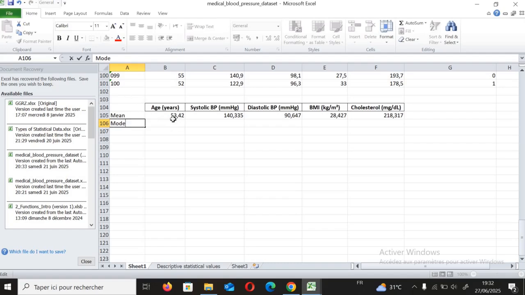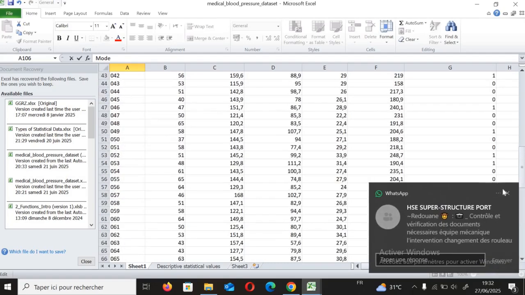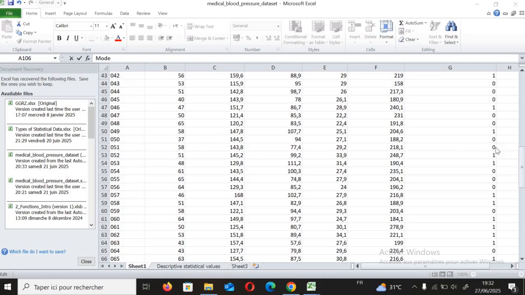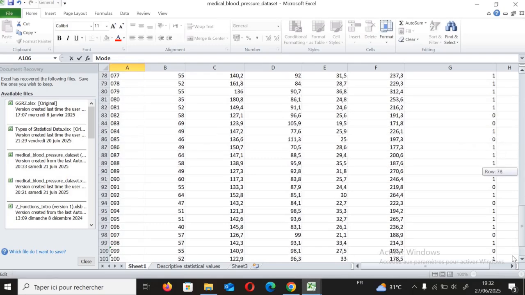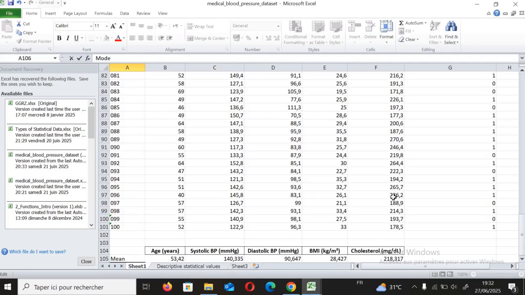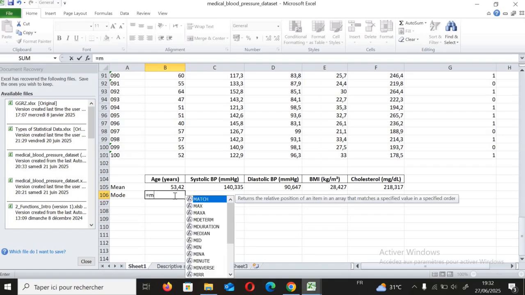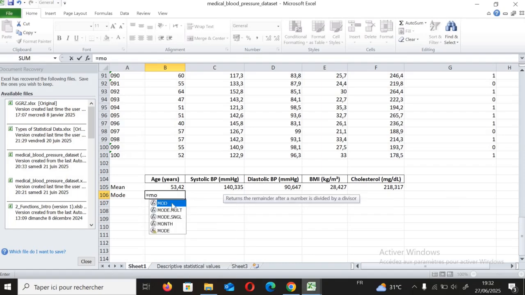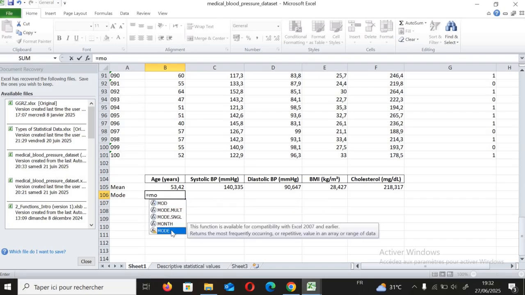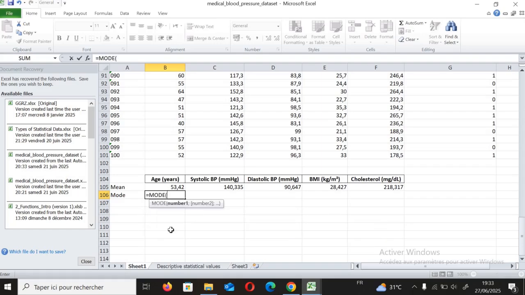In order for us to find directly the most frequent value, we look for the MODE function. It returns the most frequently occurring or repetitive value in an array or range of data.